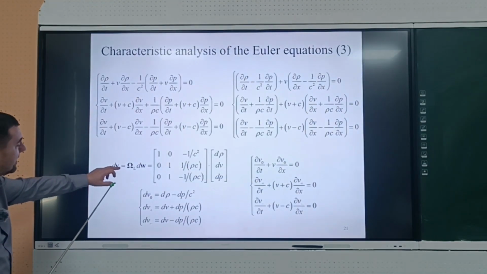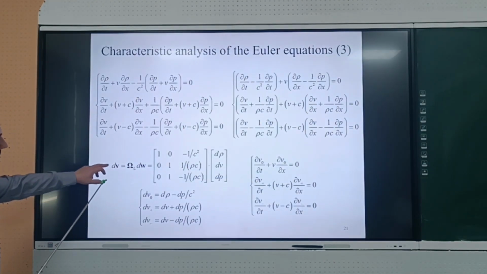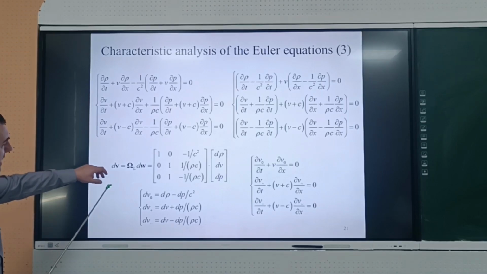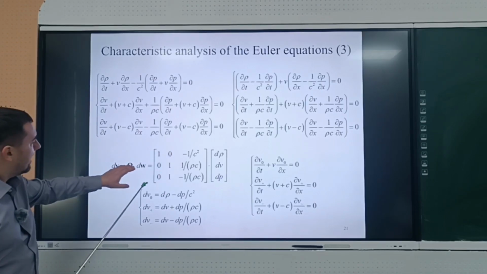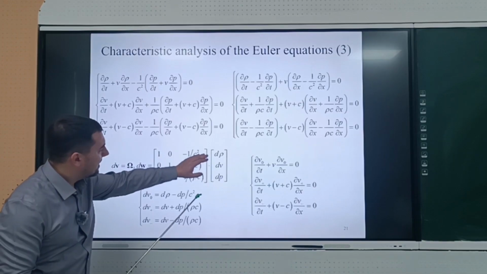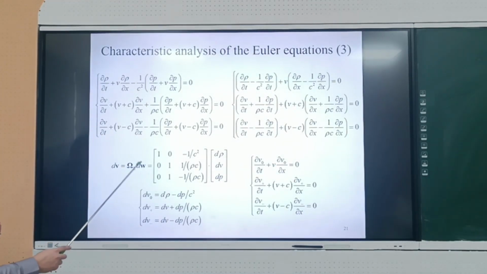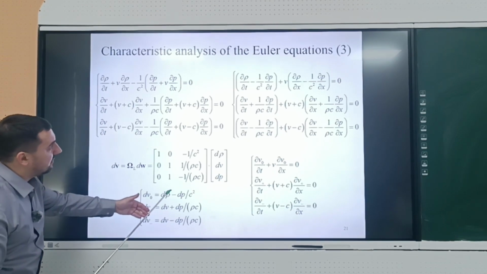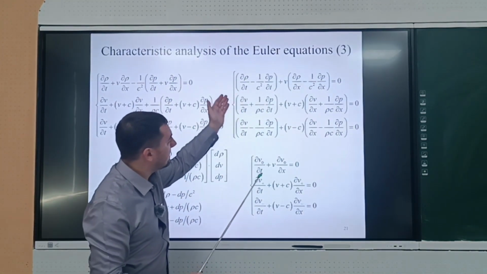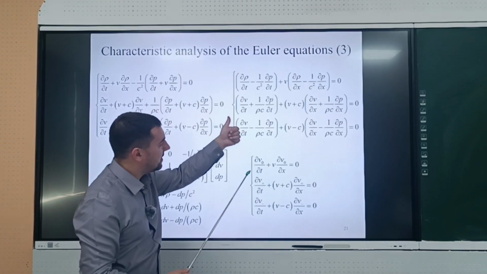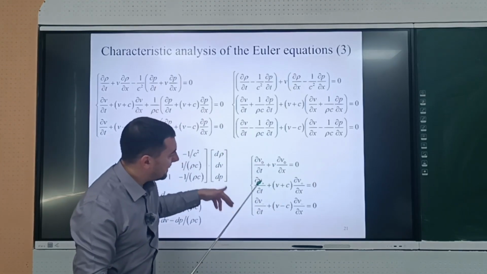Why does dV equals omega L dW correspond to Riemann invariants here? Let's compute, using omega L. dW is d rho, dV, dp. This condition defines dV0, dV plus, and dV minus, like this. And taking into account the conditions which come from the compatibility analysis, they can be written in the following form.